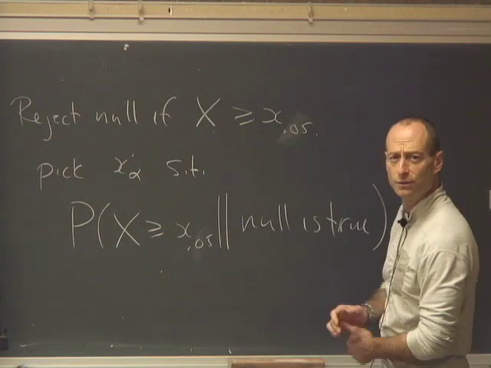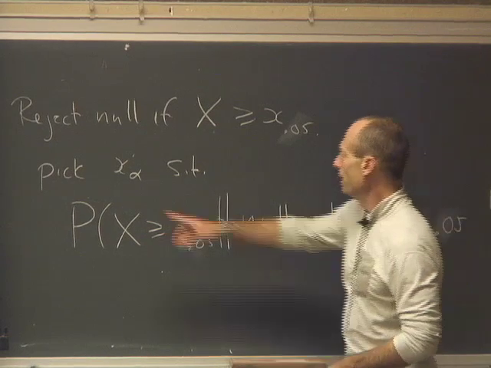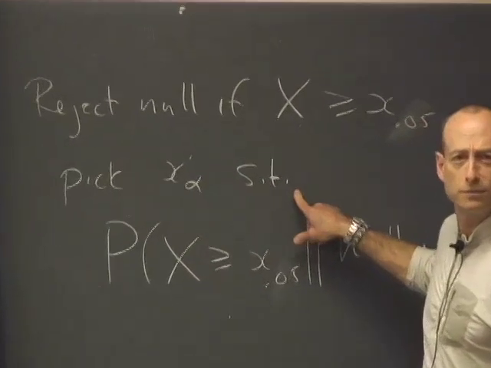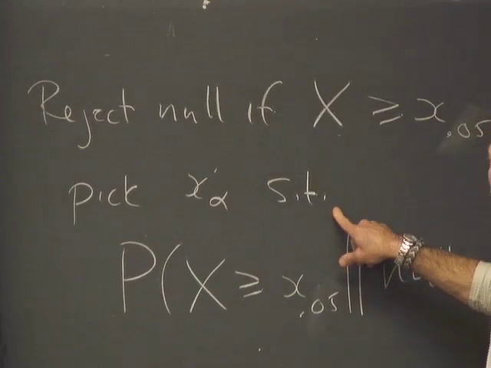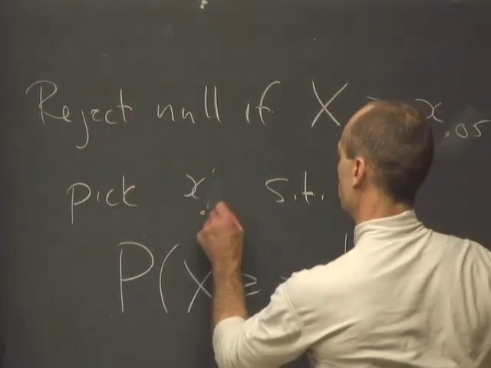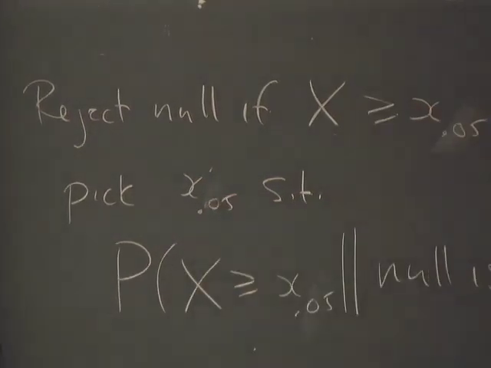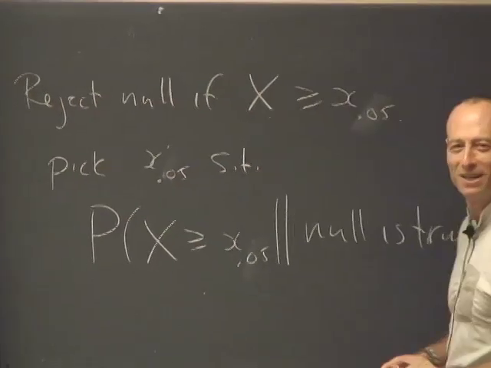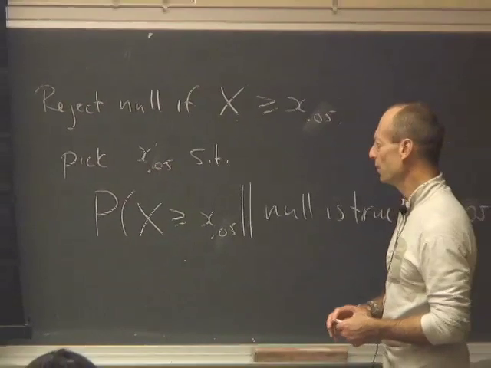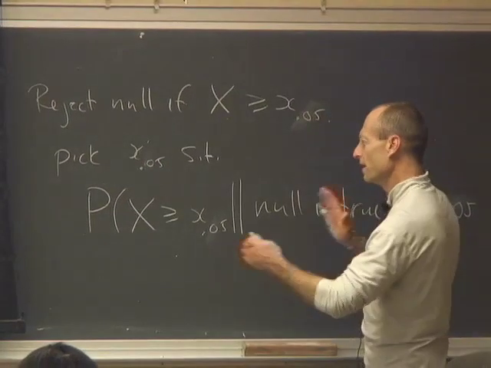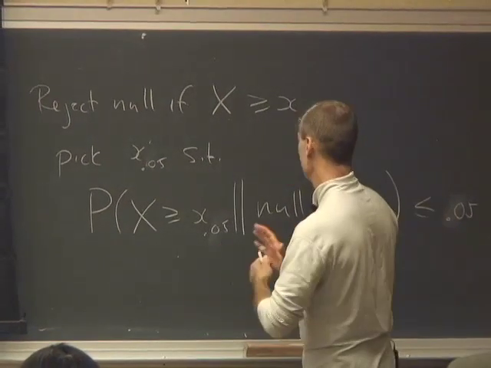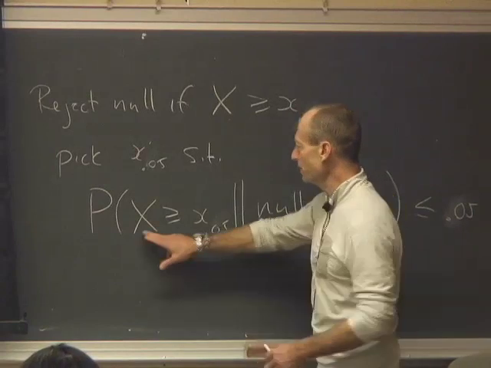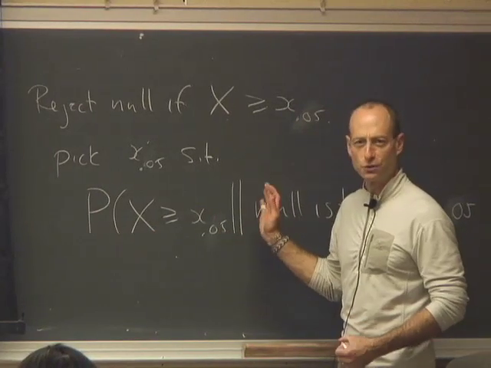Pick x alpha such that, oh, x 0.05, sorry. Thanks. All right, so x has some probability distribution if the null hypothesis is true, right?